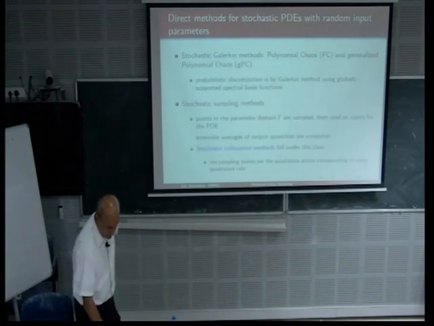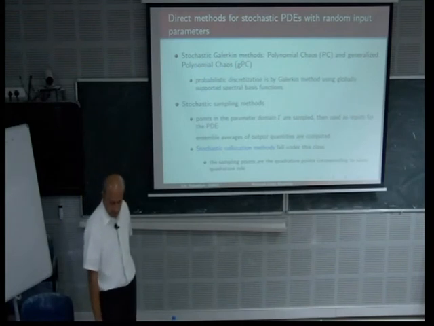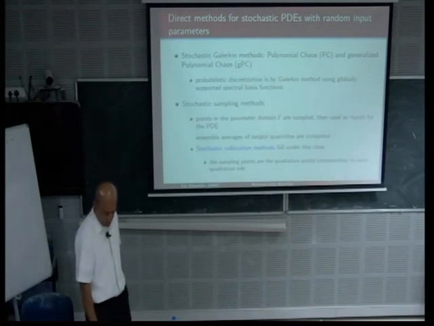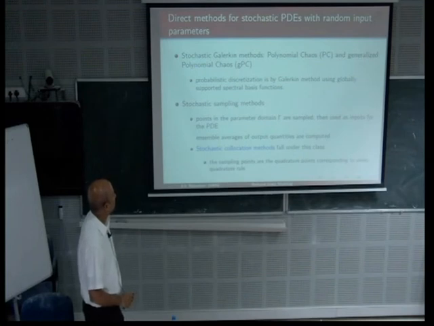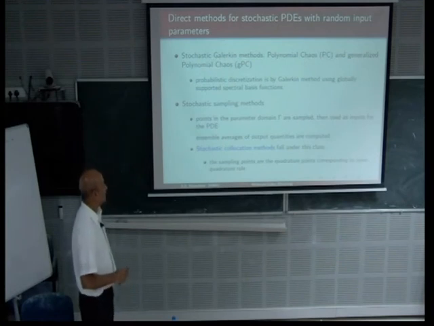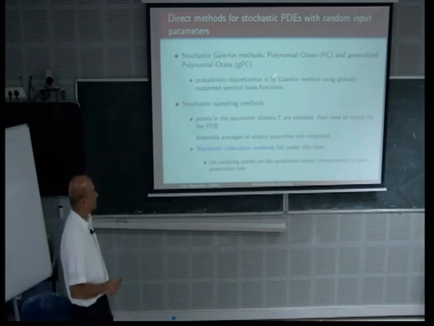So let me take a few minutes to talk about this stochastic PDE using polynomial chaos methods. In the polynomial chaos method, or stochastic Galerkin method, the probability discretization is by Galerkin method using globally supported spectral basis functions.